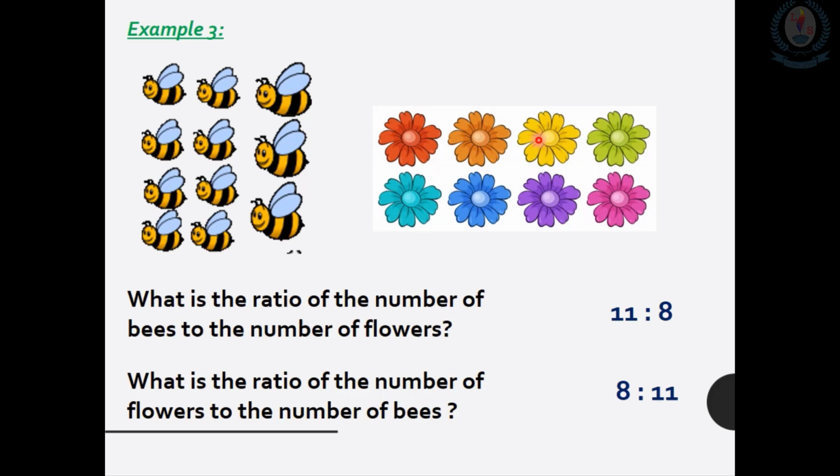That means children, are these both ratios equal? No. 11 to 8 is not equal to 8 to 11. Keep in mind, when we are writing the terms of the ratio, we should be careful the way of giving the terms.